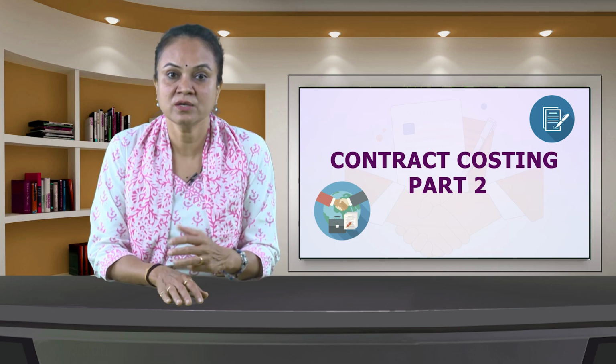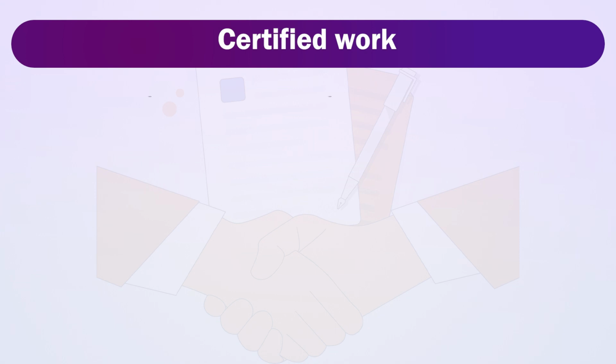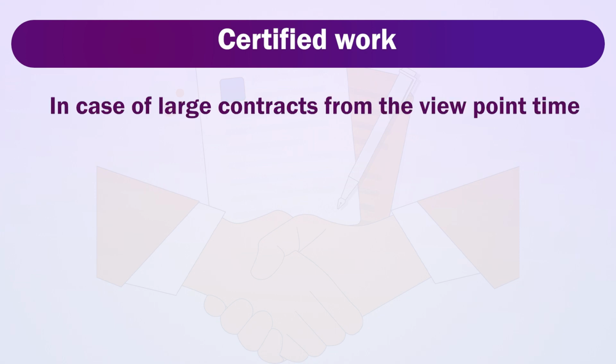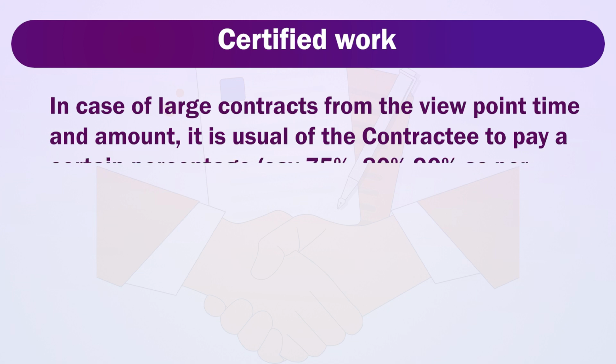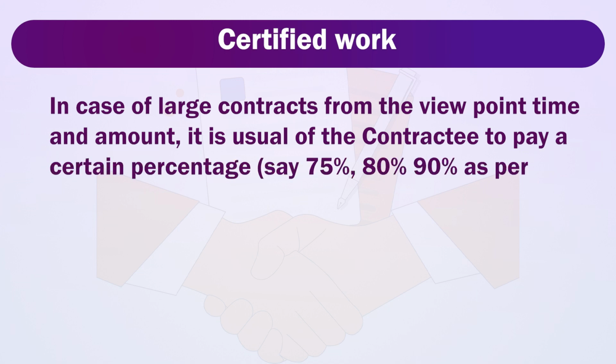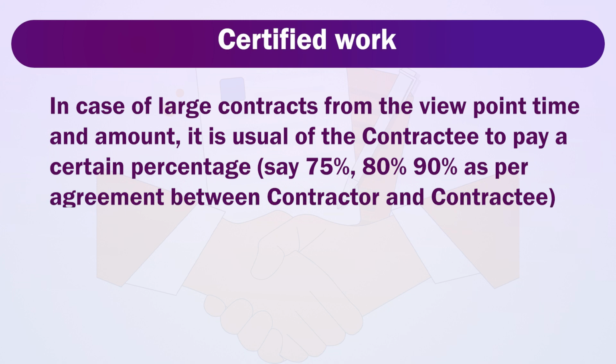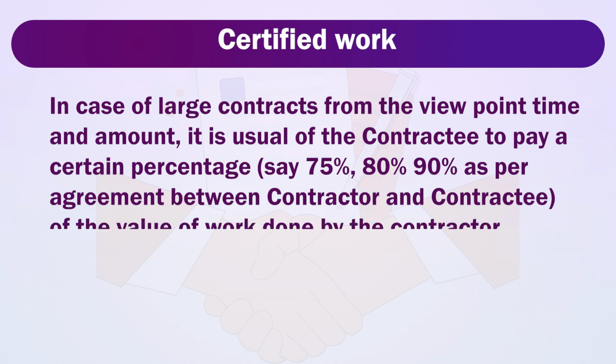First, we will understand certified work. In case of large contract, from the viewpoint of time and amount, it is usual for the contractee to pay a certain percentage, say 75%, 80%, 90%, as per the agreement between the contractor and contractee, of the value of work done by the contractor.